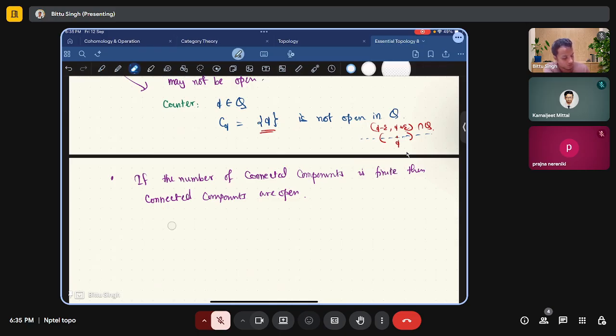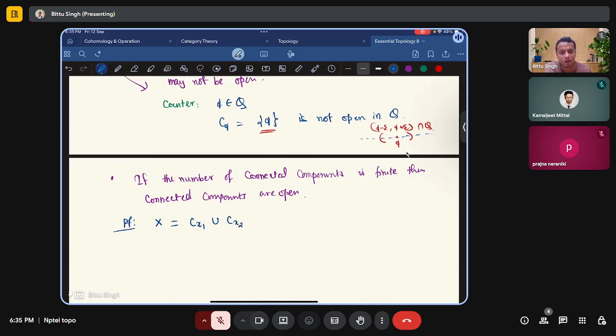Okay, so we try to prove that the connected component Cx will be open. Proof: X can be written as a disjoint union of connected components, right?